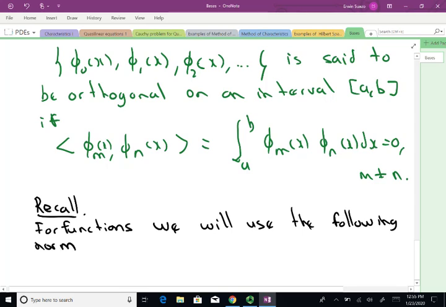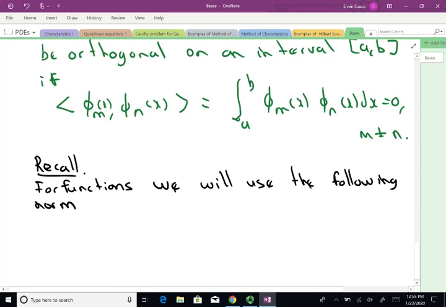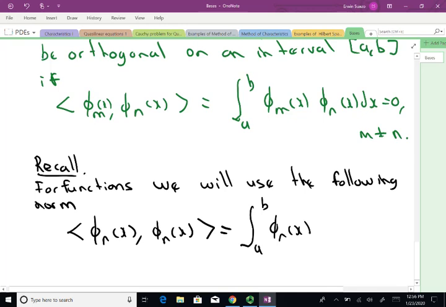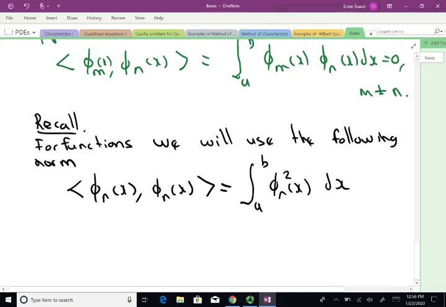We said that if you take the inner product of the same function with itself, what does it give me? So this is the integral between a and b of phi sub n of x times phi sub n of x, so that's phi n squared dx. Okay, so remember what we said, that the norm of phi sub n of x is the square root of the inner product.